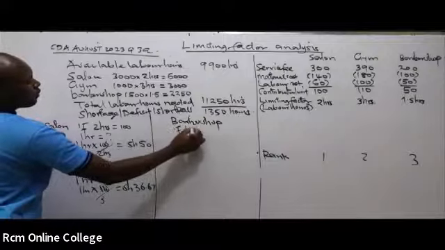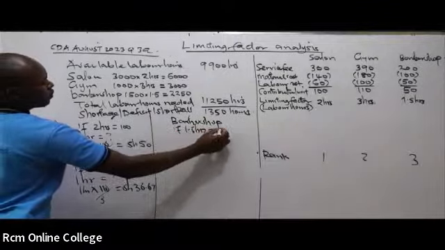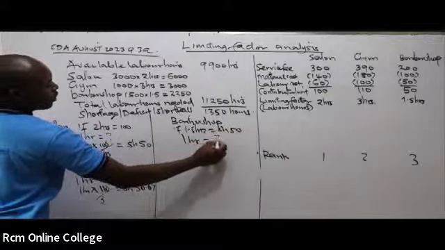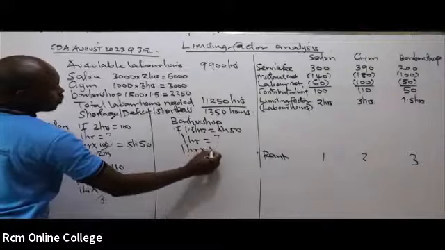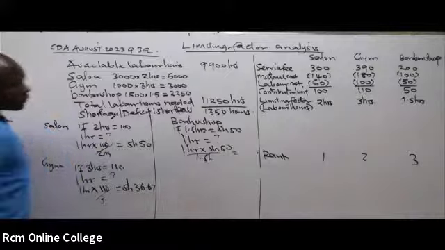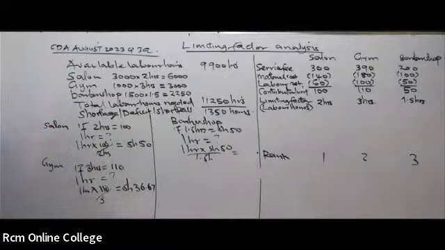If 1.5 hours is equal to shillings 50, 1 hour will be equivalent to how much? It is 1 hour times shillings 50 over 1.5 hours. So how much will we have? 33.33. Can we rank them with 1 hour as the common item?